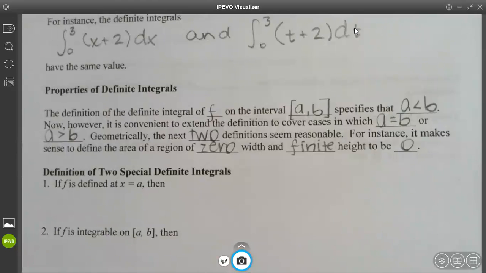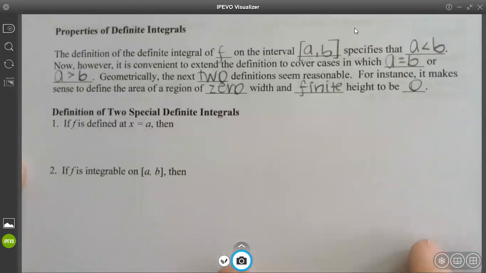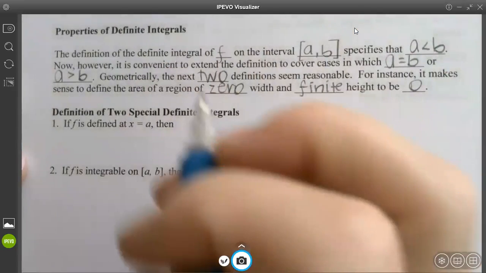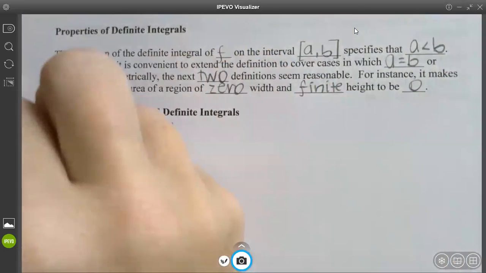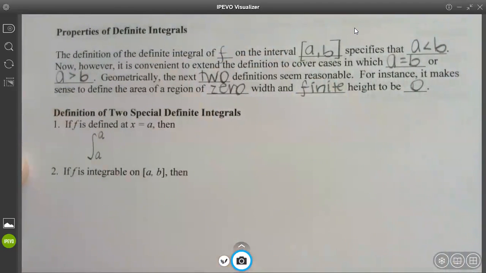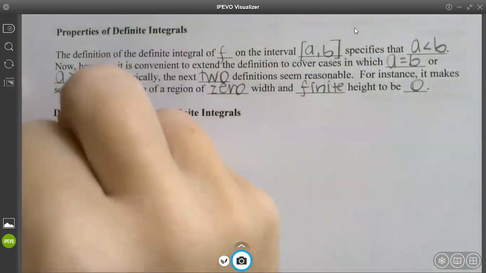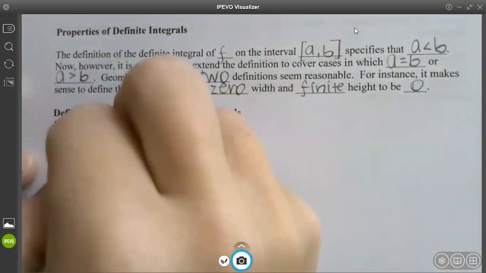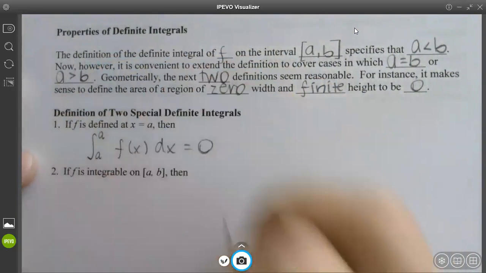Okay. Definition of 2 special definite integrals. If f is defined at x equals a, then if our upper and our lower limits are the same, our area is going to be 0.